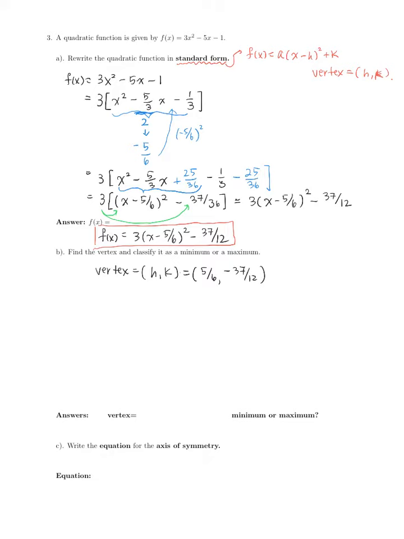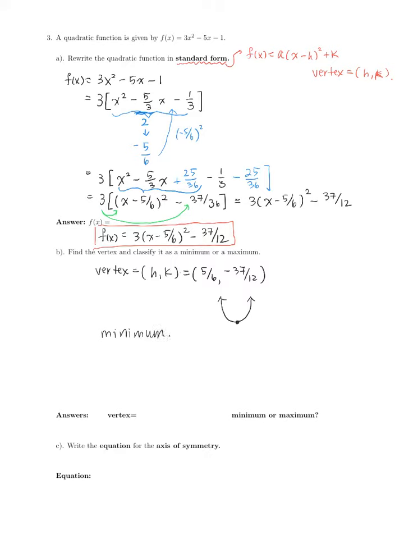Now, classify it as a minimum or maximum. Notice that in our f of x, the leading coefficient is positive 3. That means the parabola is opening upward, so the vertex has to be at its minimum. I'm going to say it assumes a minimum value.